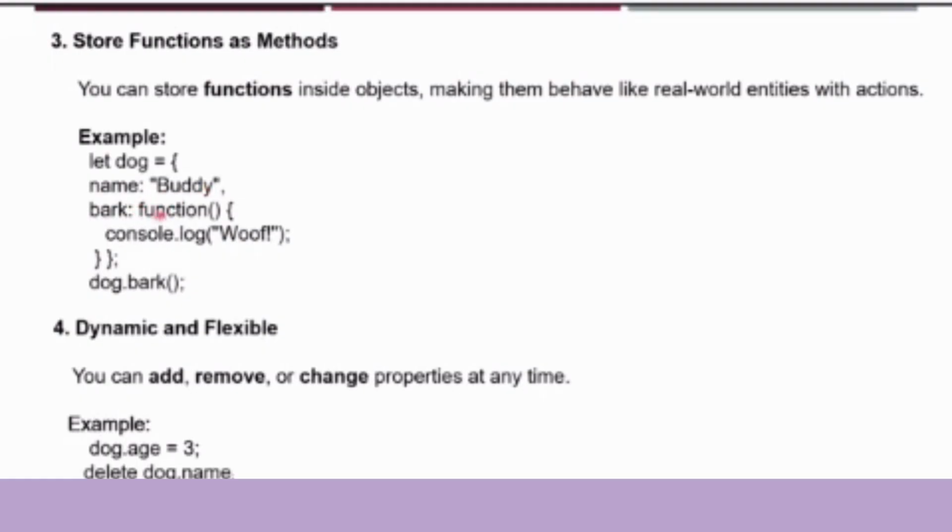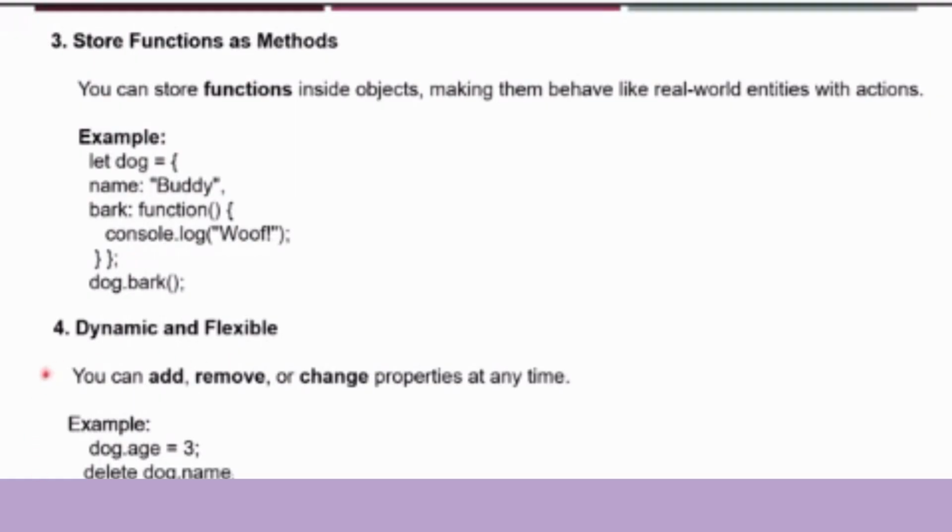The method called bark, when we call the dog bark method, it will print woof. This means objects can not only store data, but they can also perform actions, just like real things do in the real world. So objects help us make our code more organized and powerful by combining data and actions together.